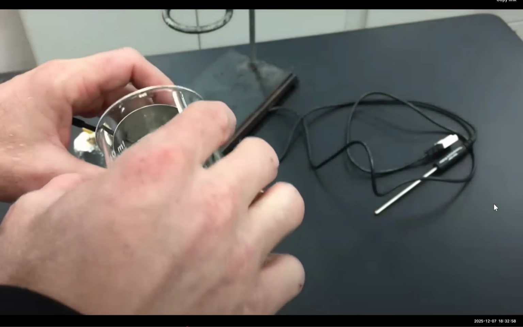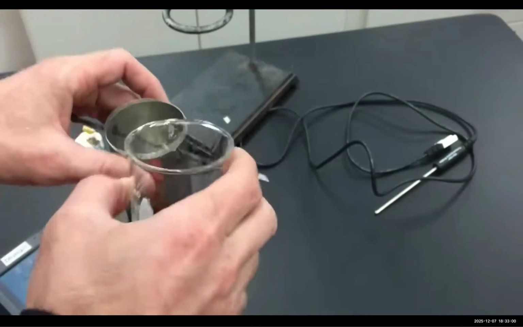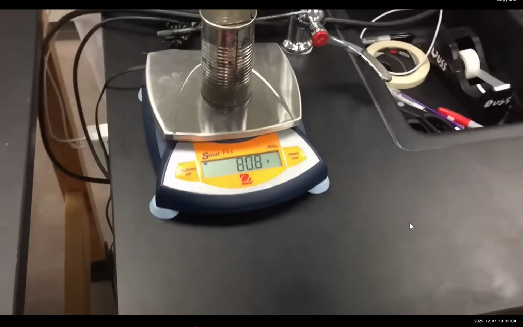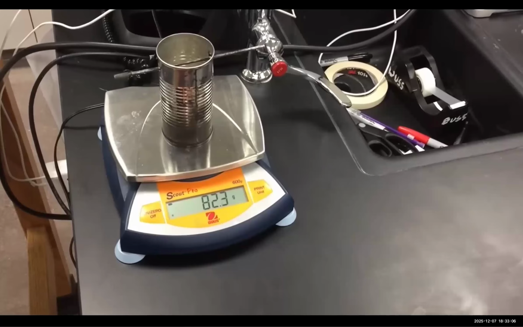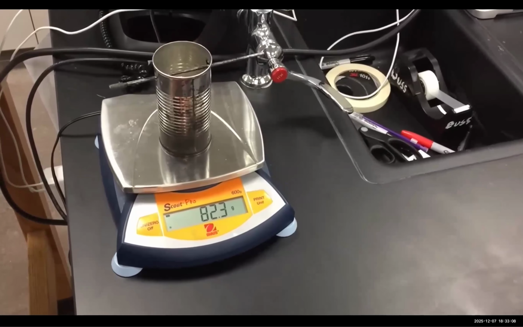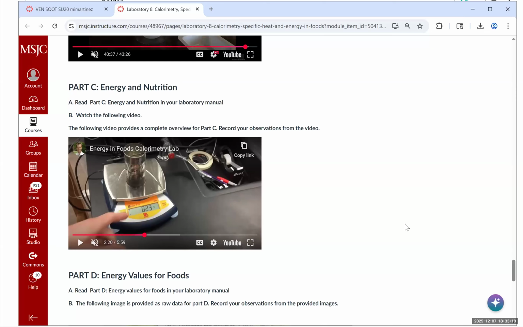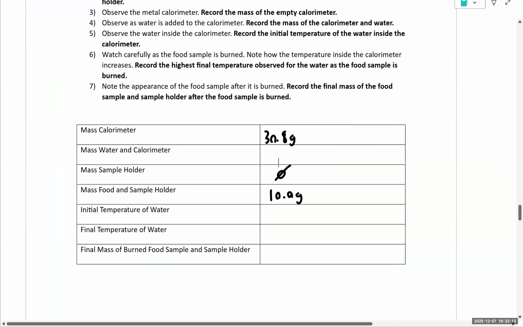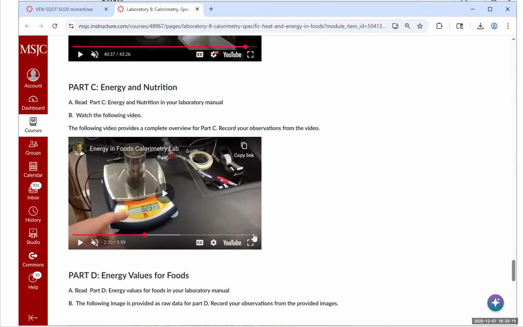We're then going to add some water to our calorimeter. And then we're going to weigh it once again. This gives us a mass of 82.3 grams. Let's write that down. So we added about 50 mL of water.